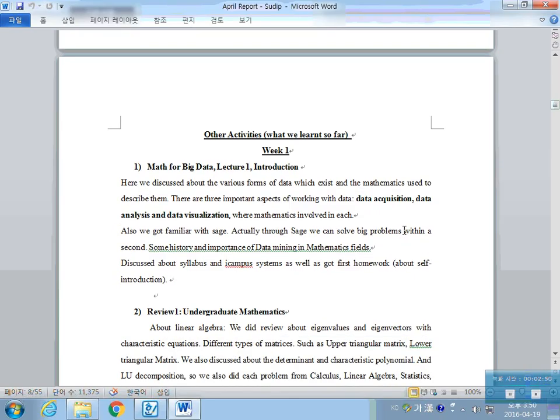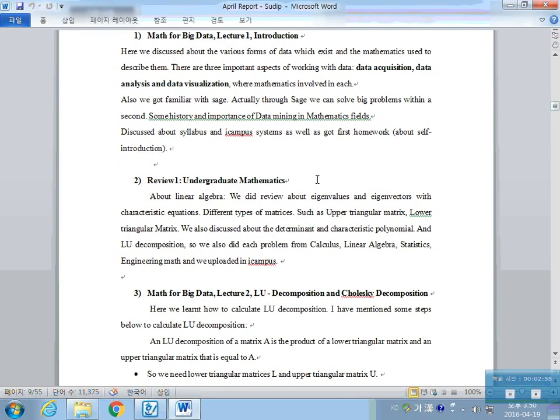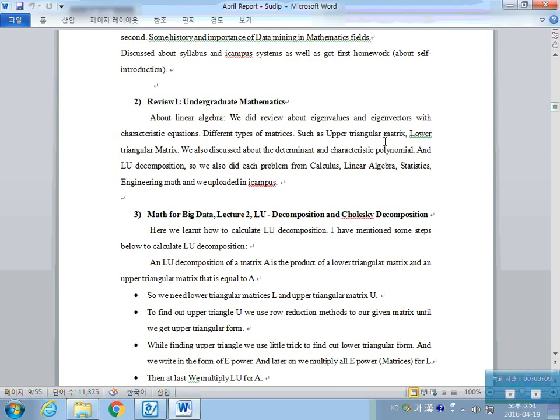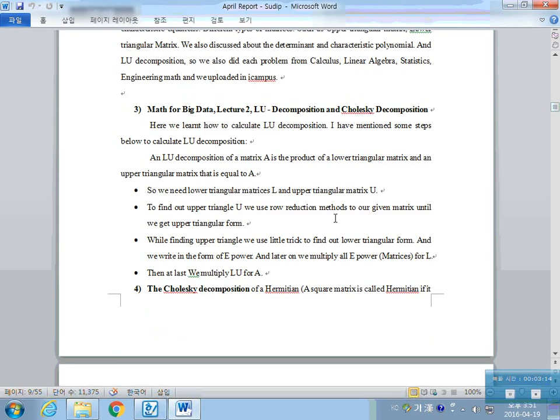Starting with the introduction and undergraduate mathematics review, we reviewed the simple definitions of matrices, how to find eigenvalues, and what the characteristic equation and lower triangular matrix are. Then LU decomposition: the main theme is that matrix A is a product of a lower triangular matrix and an upper triangular matrix.